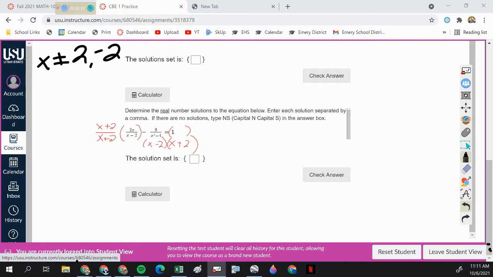It needs an x minus 2 and an x plus 2. And those put together would be x squared minus 4. Okay. On top, that gives me 2x squared plus 4x minus 9 equals x squared minus 4.